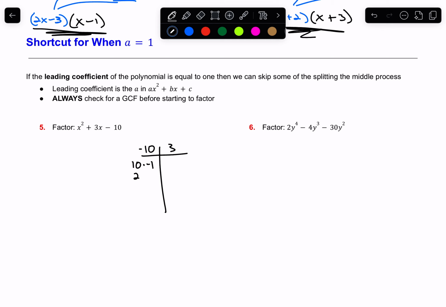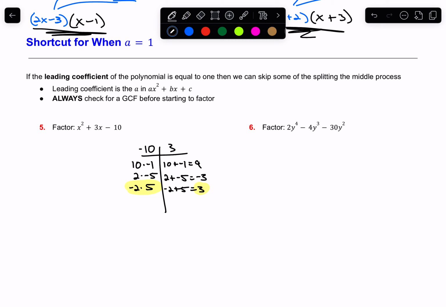I might try 2 times negative 5. I might try negative 2 times positive 5. And you just keep trying things until you find something that works. So 10 plus negative 1, that was 9. That's not right. 2 plus negative 5 is negative 3. That's not right. But negative 2 plus 5 is positive 3. So negative 2 and 5 are the numbers we want.